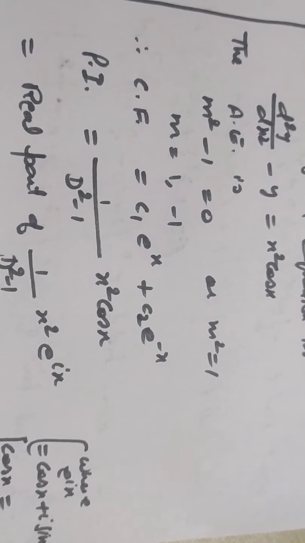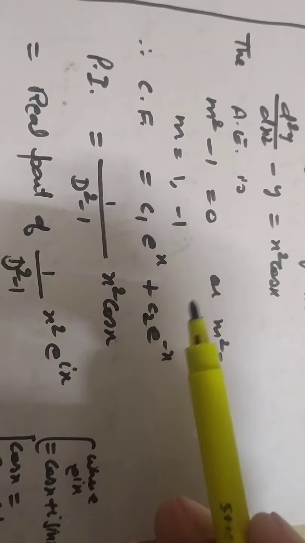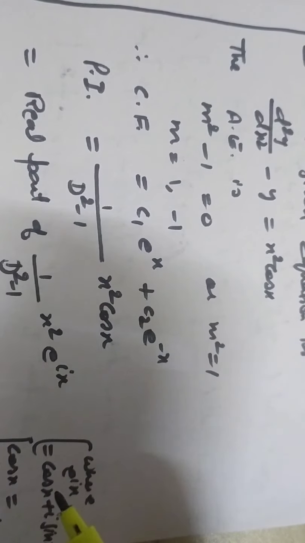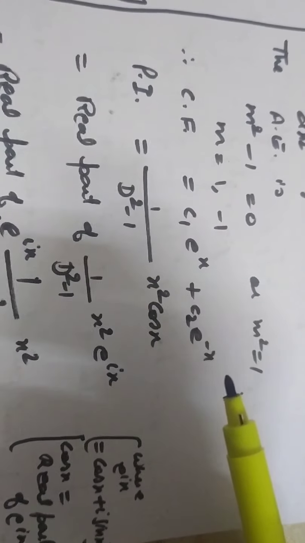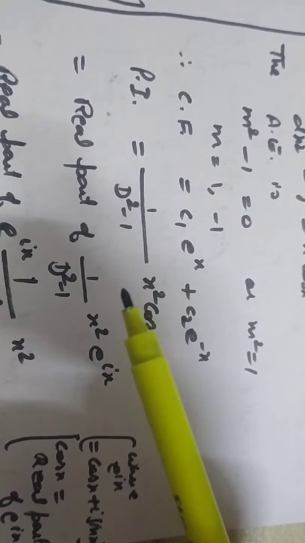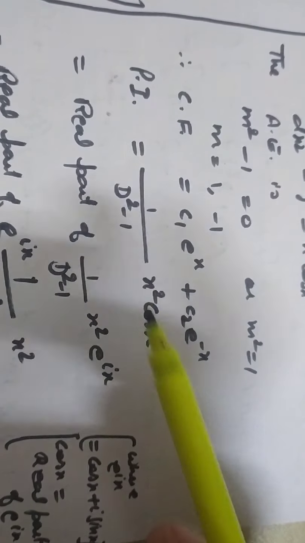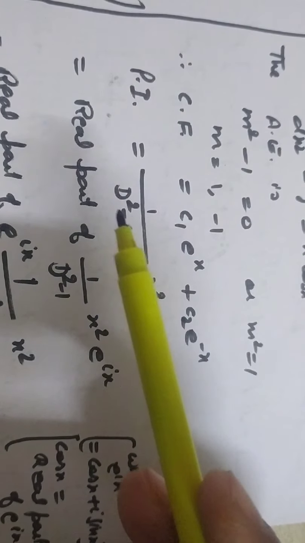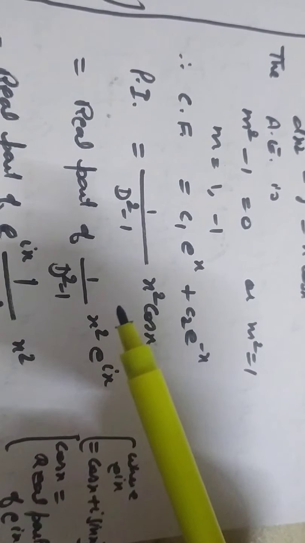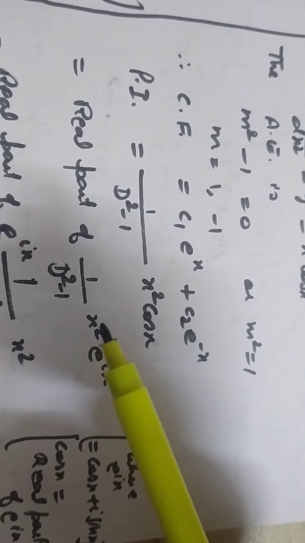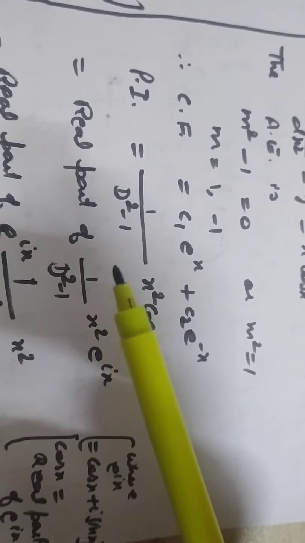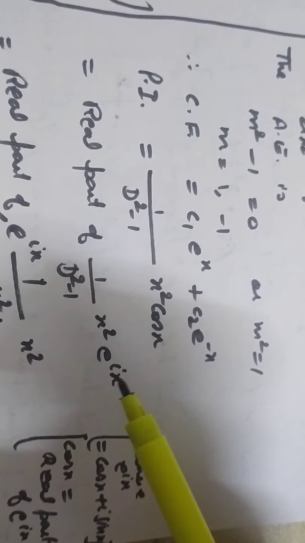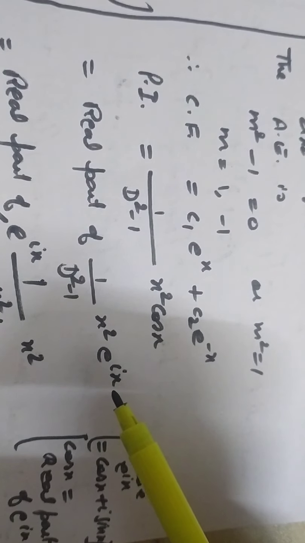Here in this question, observe that you cannot apply the rules which I have given to you. So here I am taking another method to find the particular integral of x square cos x with 1 over D square minus 1, where D square minus 1 is a polynomial in D or function in D. For that the procedure is you have to just write down the real part of 1 over D square minus 1 x square into e raised to iota x.